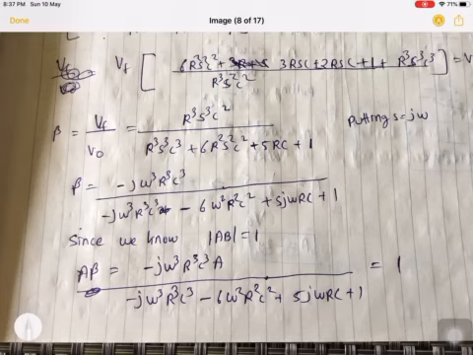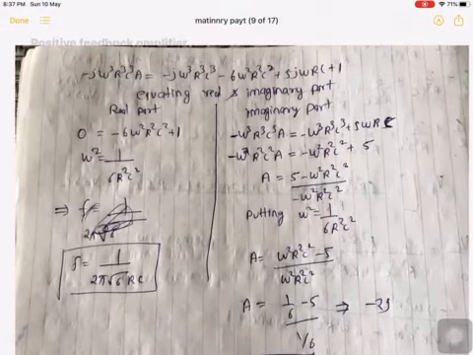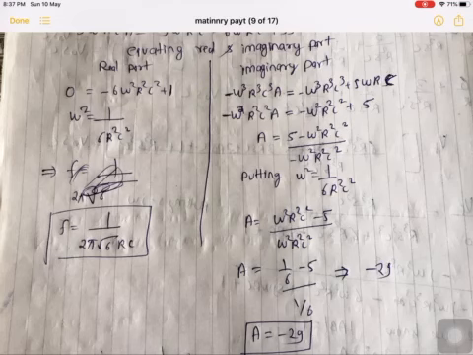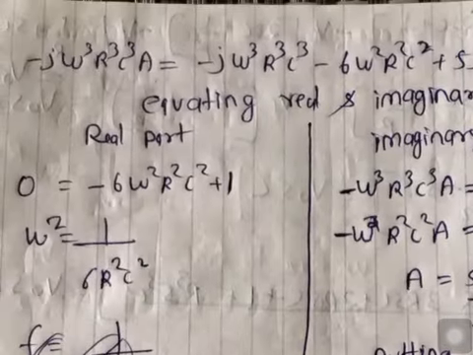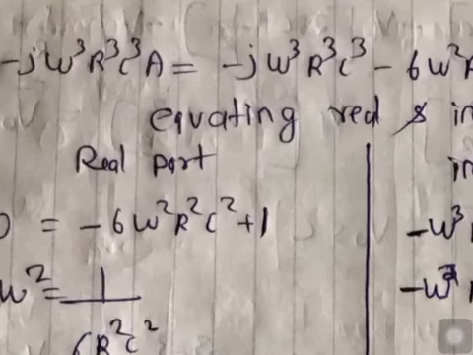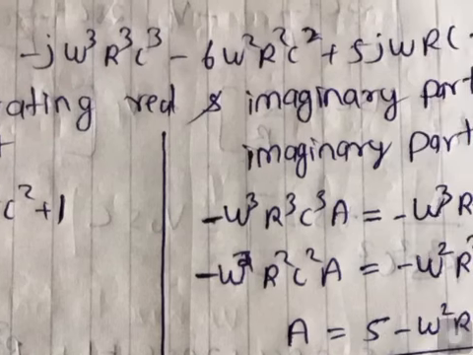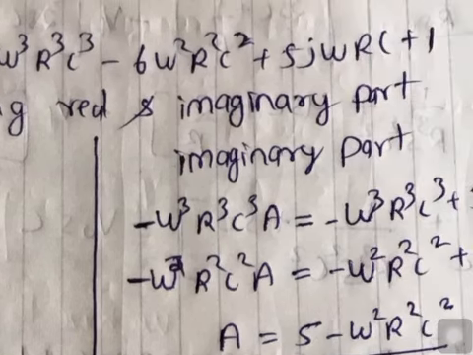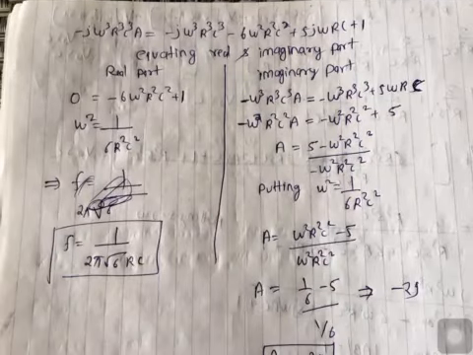I am equating this with 1. So this is my first equation: minus j omega cube R cube C cube times A becomes equal to minus j omega cube R cube C cube minus 6 omega square R square C square plus 5 j omega RC plus 1.